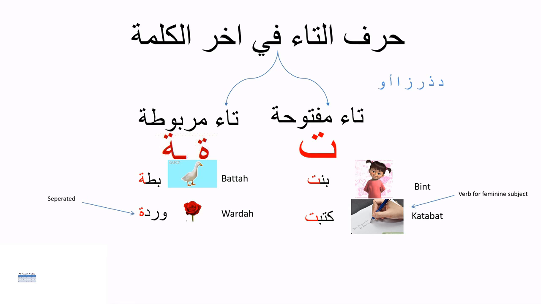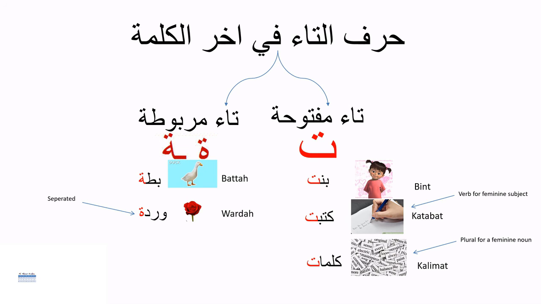And we have kalimat. Kalimat is a plural of the word kalima. Okay, we already took kalima before, so kalimat is the plural of that. If you are seeing a plural, then ta has to be maftuha, an open ta. The last example, tawila. Tawila means tall.